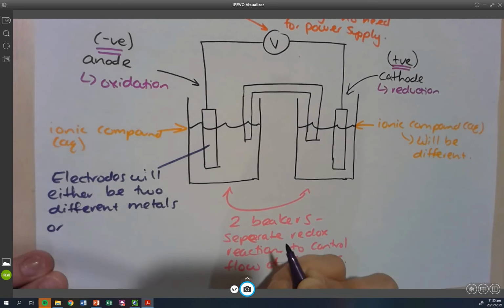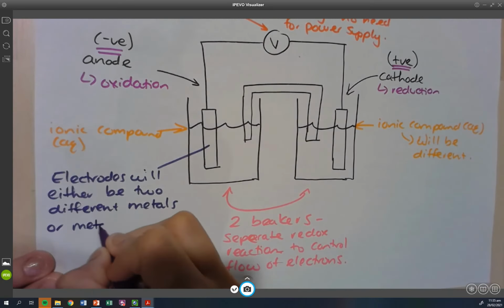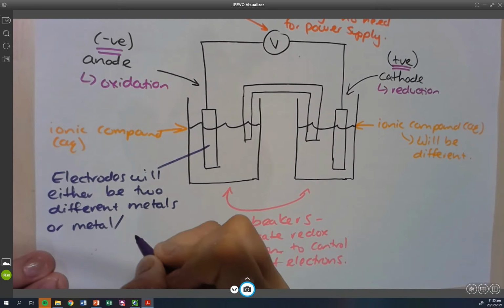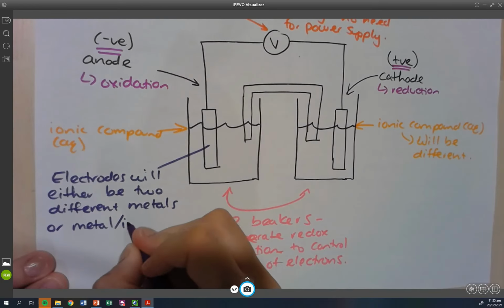Or it will be, for example, a metal with what we call an inert electrode.